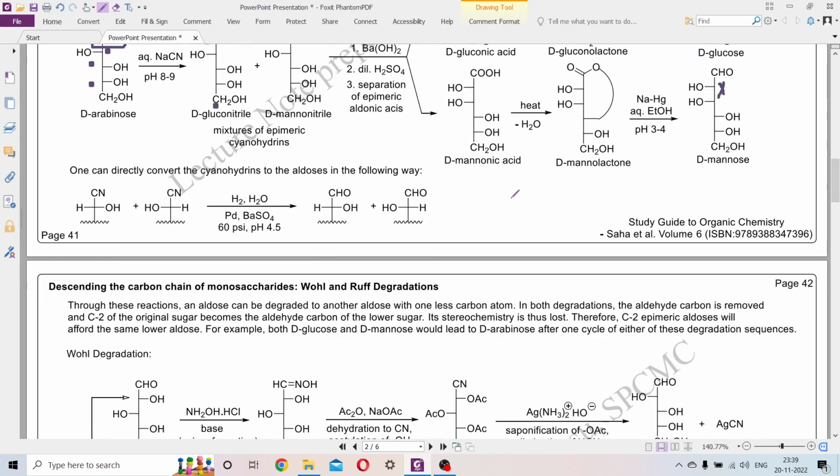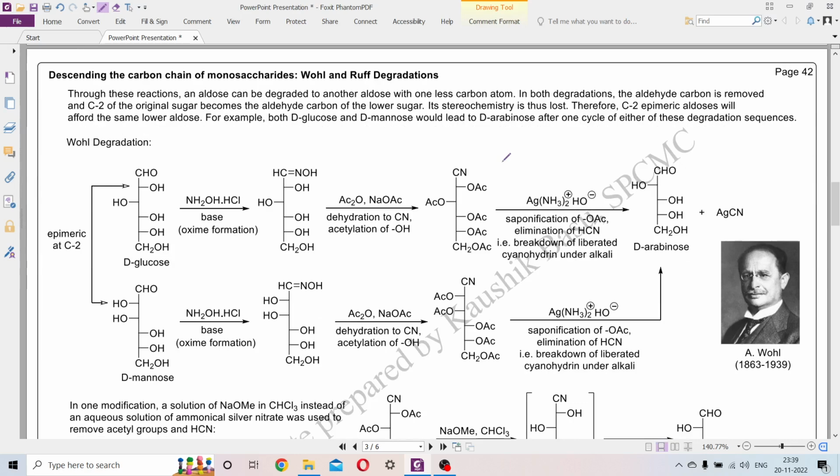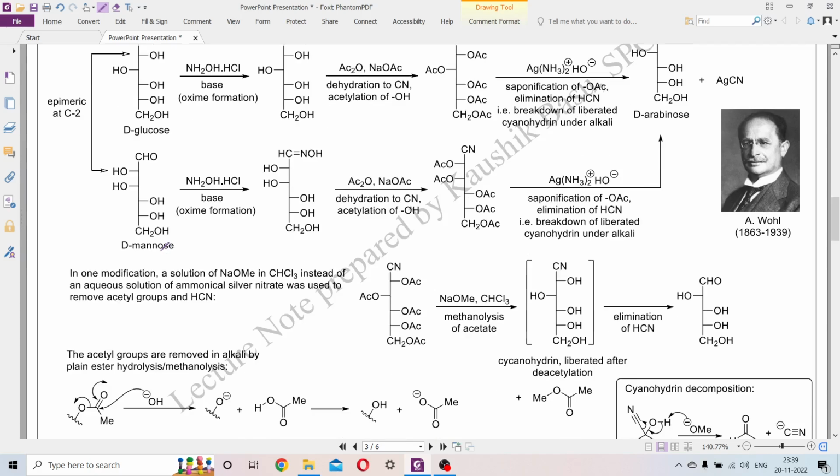Now if you want to do the reverse reaction, so if you want to decrease the carbon number by say 1 carbon unit, you can also do that, and those reactions are known as degradation. In these cases we will consider two reactions, which are Wohl degradation and the Ruff degradation.